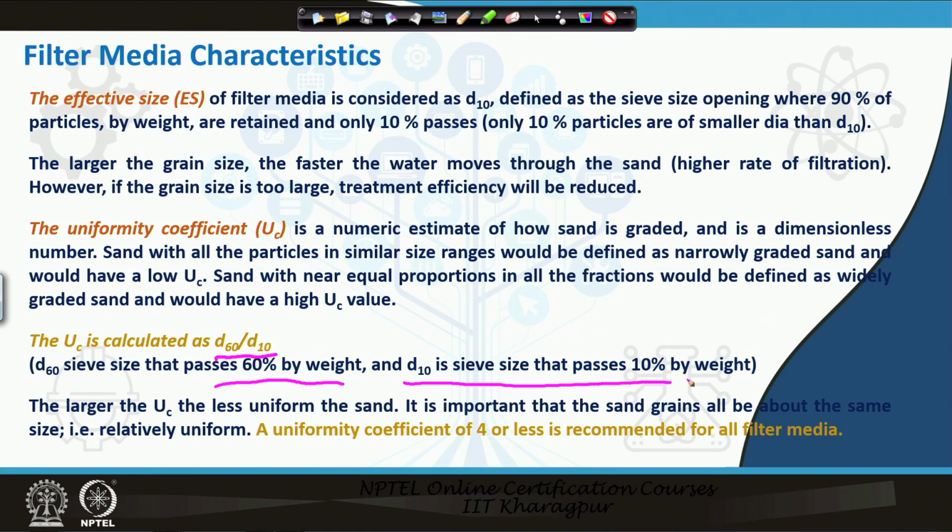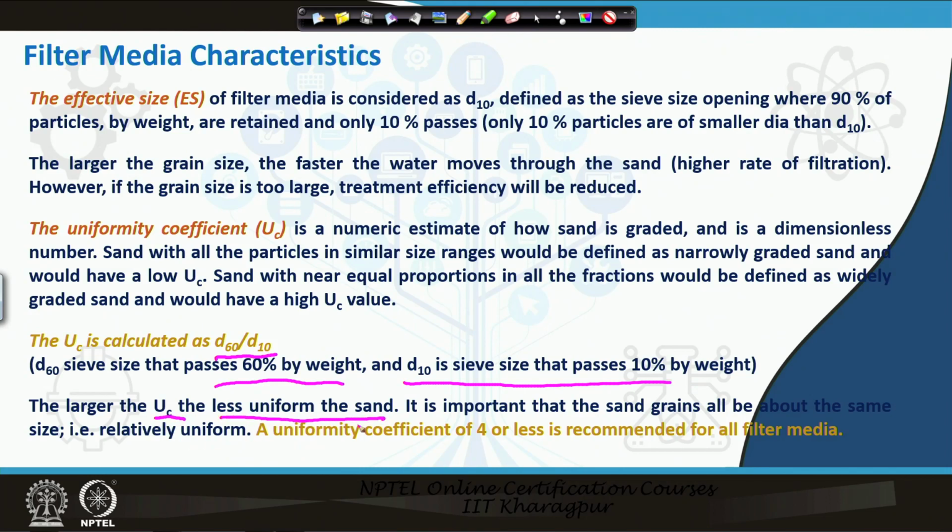The sand which has particles in equal proportion of all sizes or different fractions will have a high value of uniformity coefficient, and will be considered as well graded. So, the larger the uniformity coefficient, the less uniform the sand.